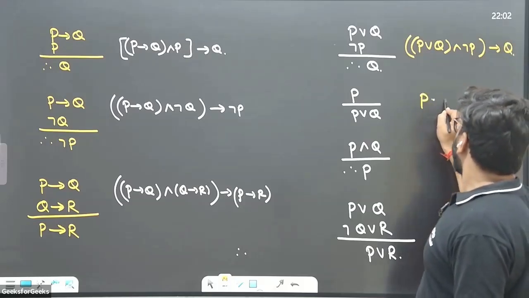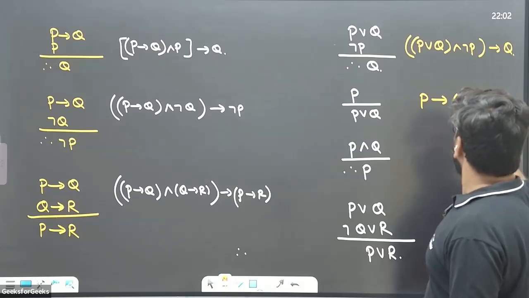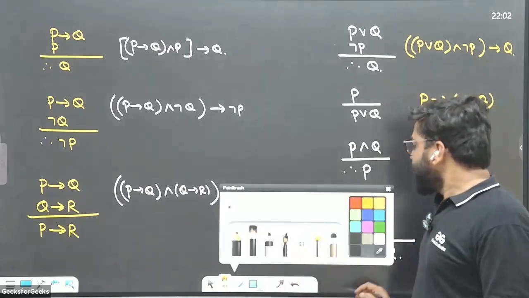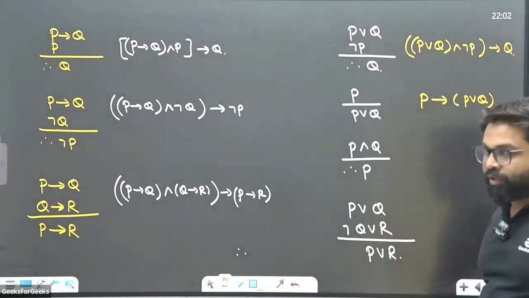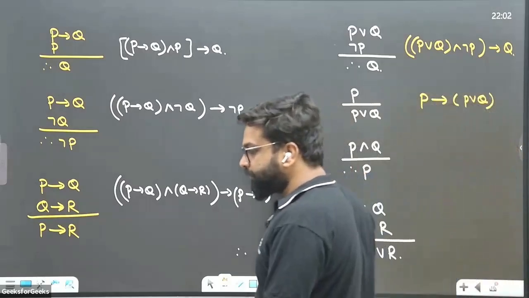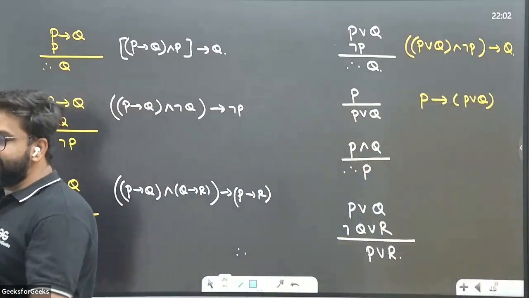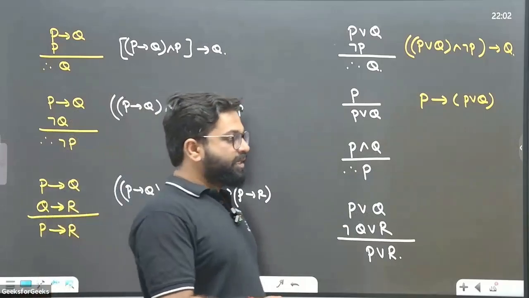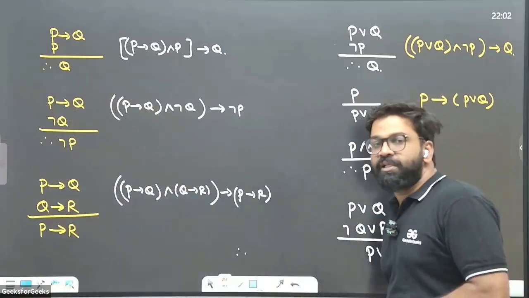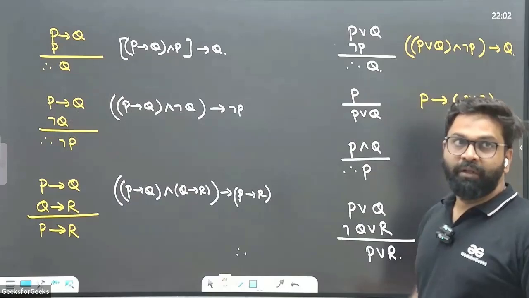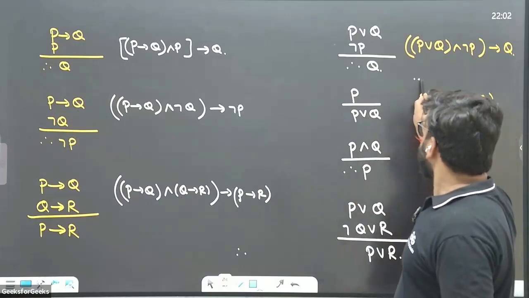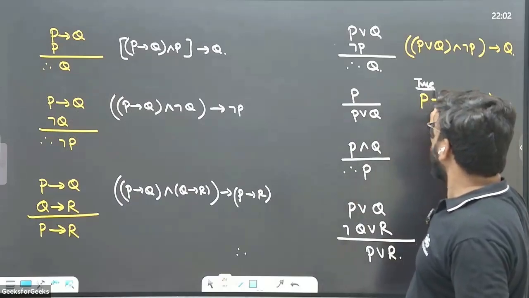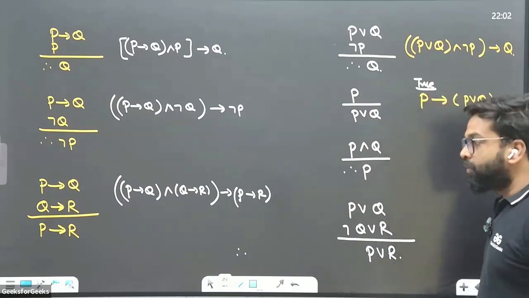Second one here, P implies P or Q. Now, see what the inference rule says. This one is important. Try to understand this. The inference rule says to take the left side as true and try to check whether the right side comes out as true or not. Now, if I take this as true, then P will become true.